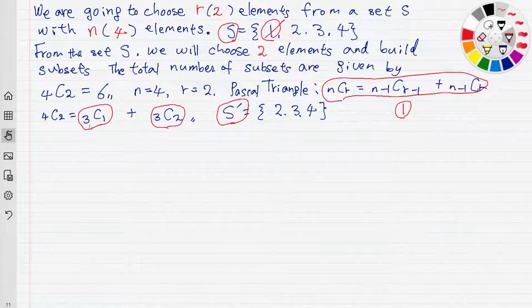We will start with this group, the first group. From set S prime, we select one element like this. First, we select 2. Then we select another element 3.